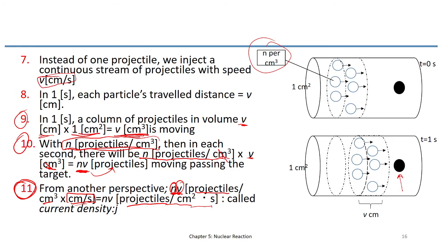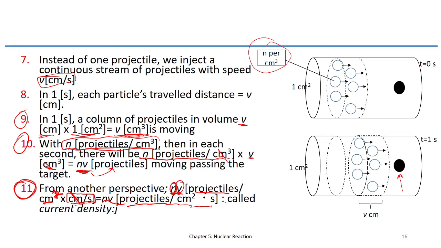So now centimeter is cancelled, leaving the square centimeter, and you get nv in a different unit to point number 10, which is projectiles per square centimeter per second.